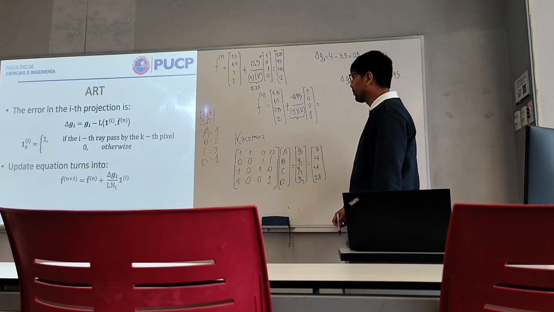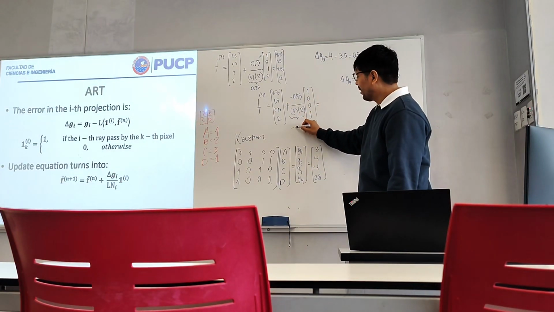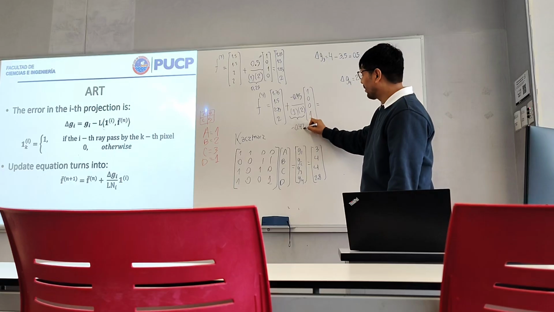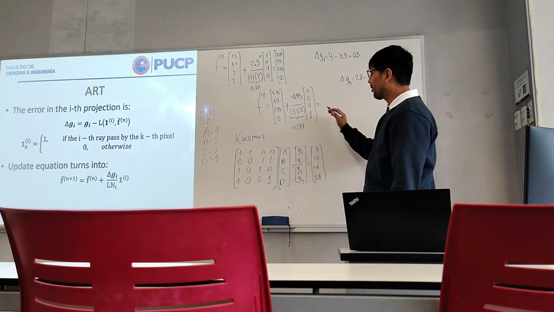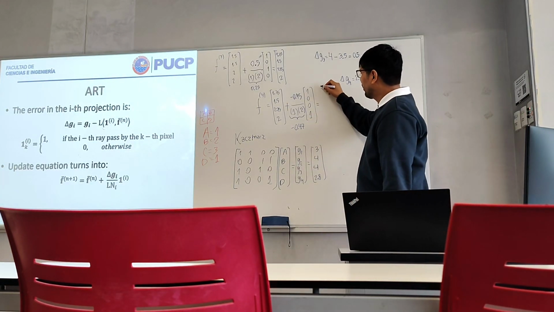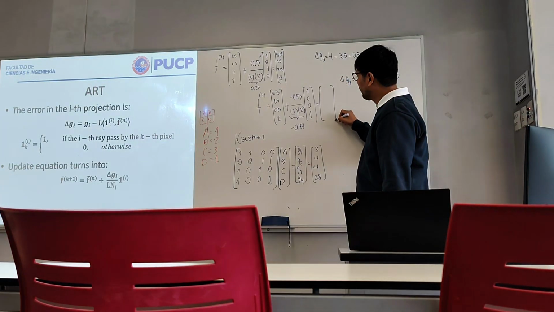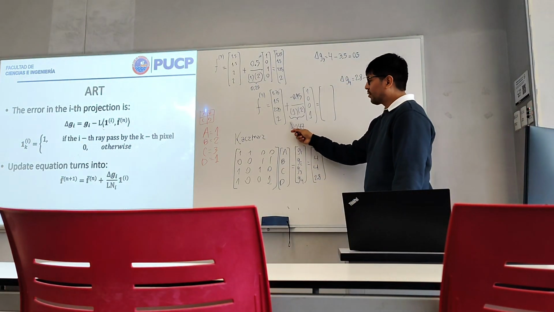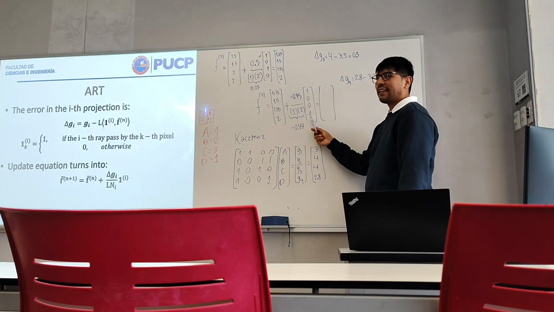And this, how much? Approximately minus 0.47. And then, what will we have? No, this minus 0.47 will be multiplying here and here, right?